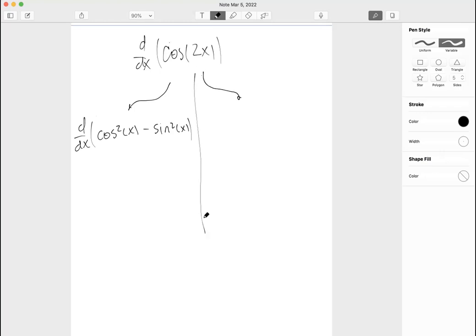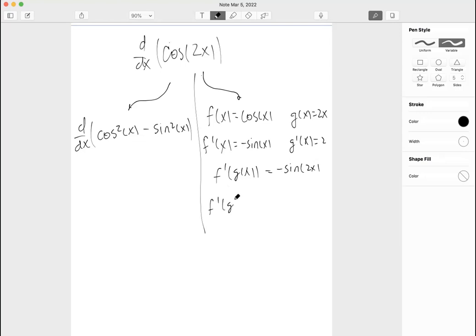Or if you use the chain rule, you can notice that if you let f equal cosine and g equal 2x, then f prime is negative sine, g prime is 2, and then f prime of g is equal to negative sine of 2x.